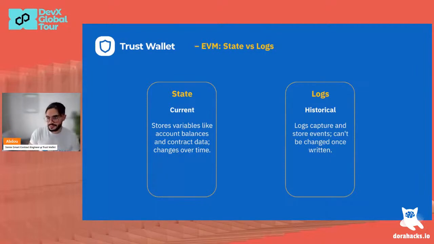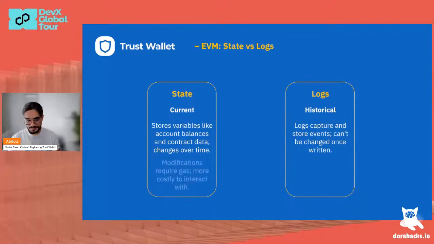Obviously, we need some kind of authorization for the user, but that is in the hands of application developers or smart contract developers. But when a log event is emitted, it is always stored there, and this is how we can query it historically.